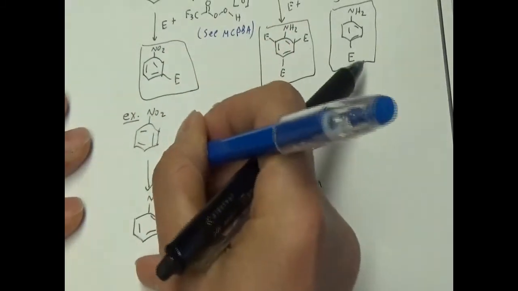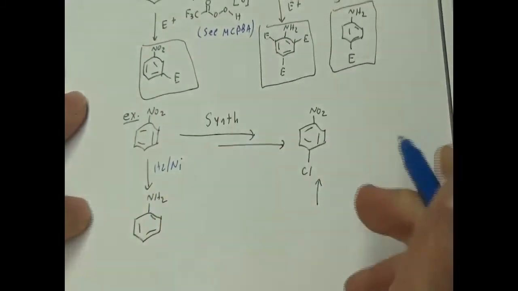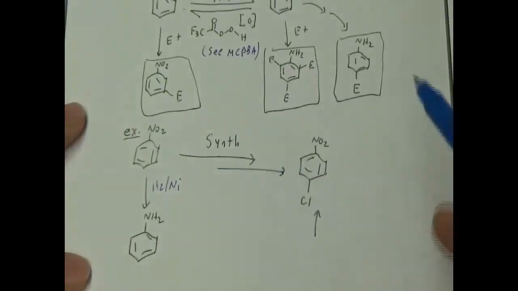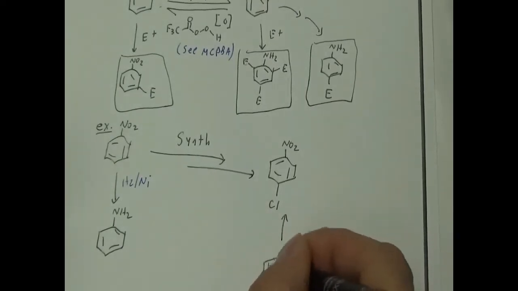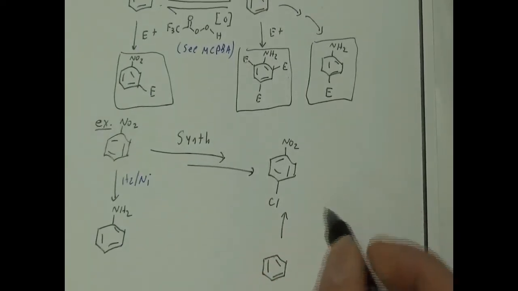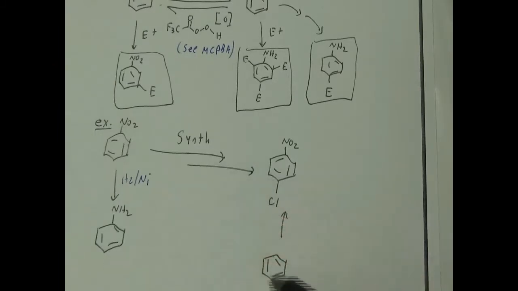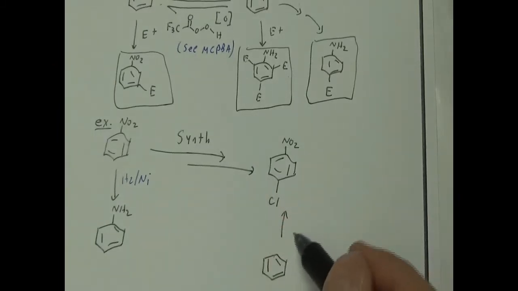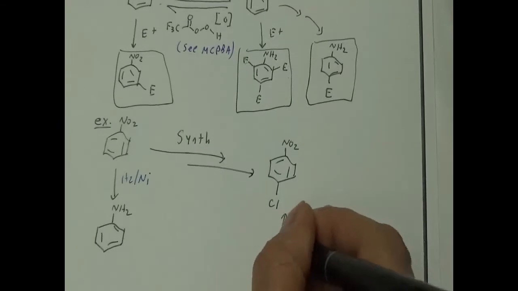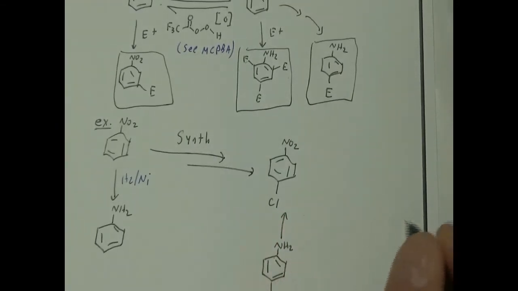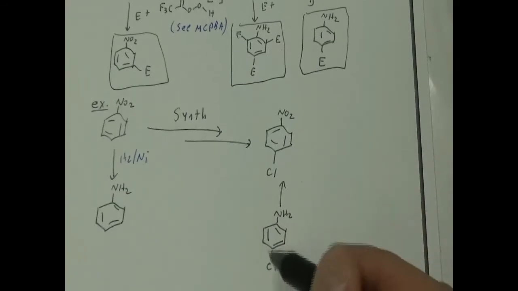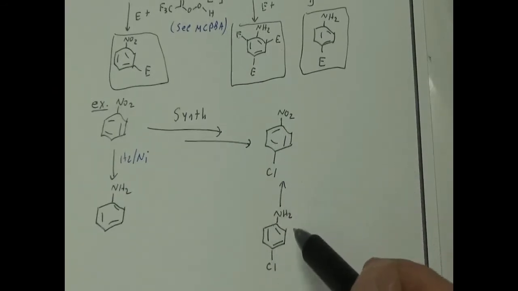It was H2 nickel. It was right up there, right? And this is a case where sometimes retrosynthesis really helps you. Sometimes you can just kind of go in the forward direction. The last step is probably going to be the opposite, which is NH2Cl to NO2Cl. That's an oxidation.